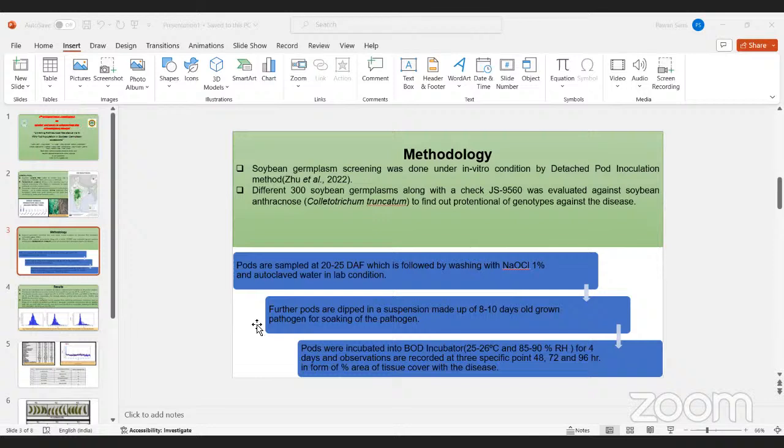Observations are recorded at three specific time points: 48 hours, 72 hours, and 96 hours. We also grew a check, GS9560, parallelly to check at what time point it becomes susceptible. That time point we will use to evaluate the resistance potential of our Jiva's panel genotypes.